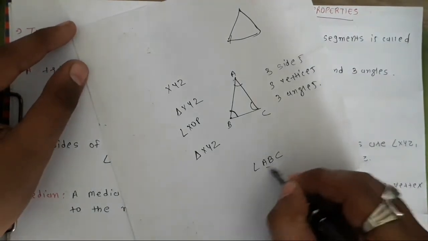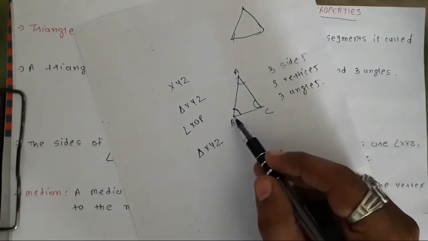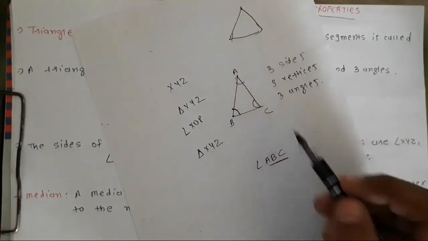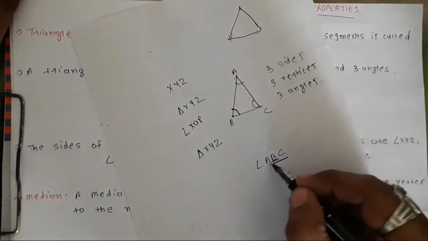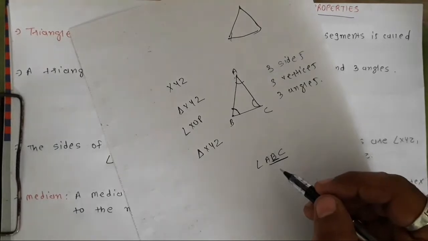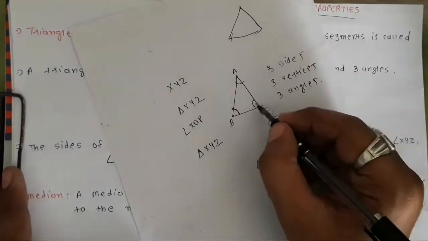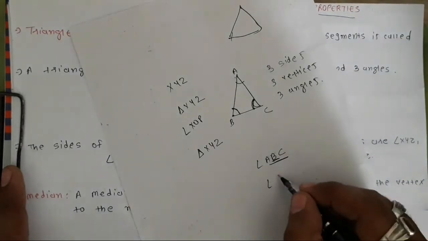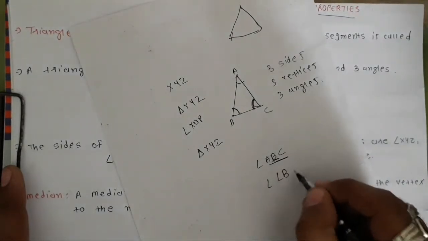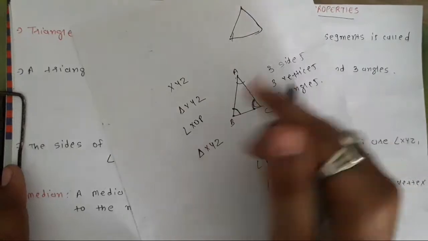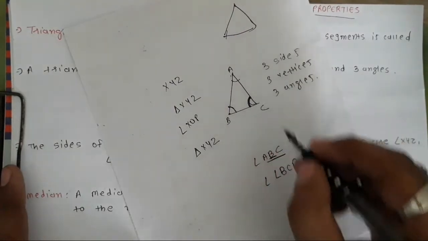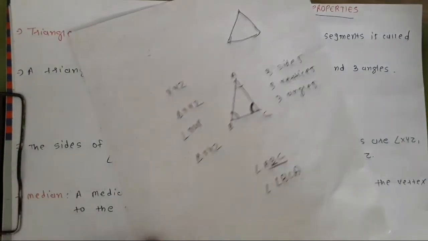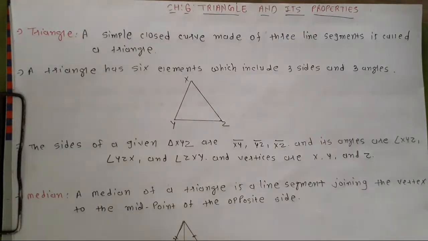Whatever angle you have to represent, the vertex of that angle should be in between the other two vertices. For angle C, I can write angle BCA or ACB. This C should always be in between these two. This is how we can write the angles of a triangle.